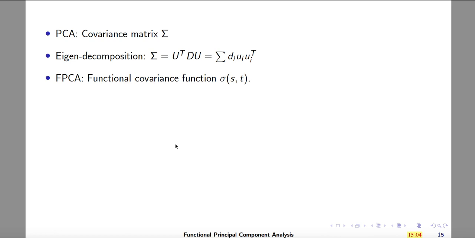So you will see here, it's very similar to the regular PCA. It's also based on eigenvalue decomposition. For the regular multivariate PCA, we were working on the covariance matrix capital sigma, right? So we were doing the eigenvalue decomposition on the capital sigma, and we will find the eigenvector Ui.